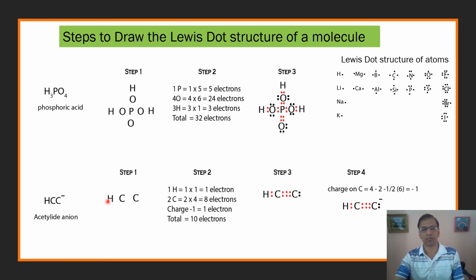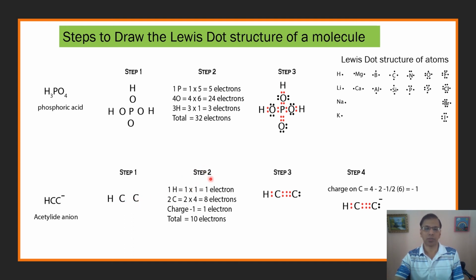Hydrogen can form only one bond, and the two carbon atoms can form 4 bonds each. So this is the only way it can be arranged. Hydrogen is next to only one atom because it can form only one bond, whereas carbon is next to another carbon because it can form a maximum of 4 bonds.